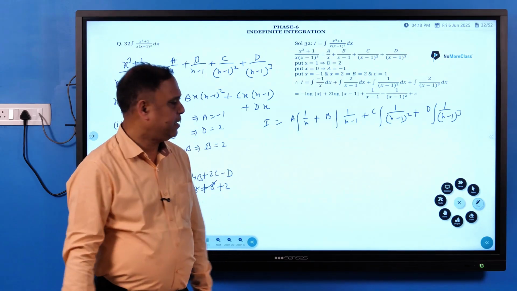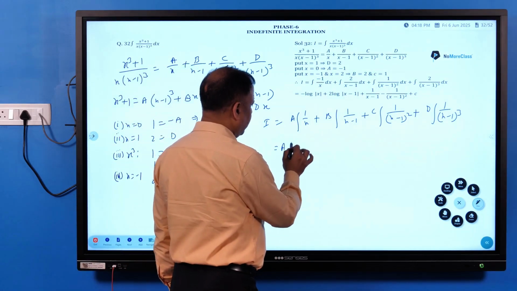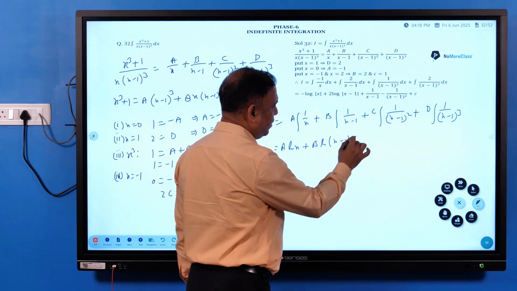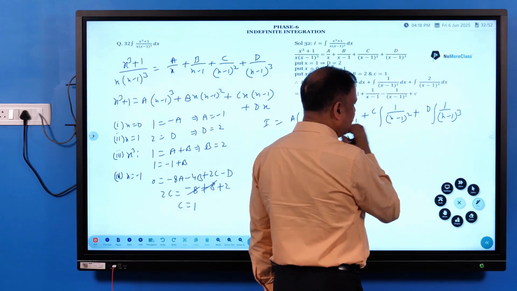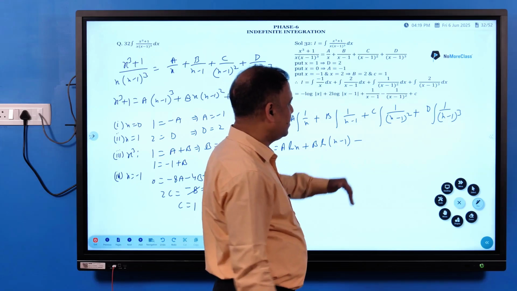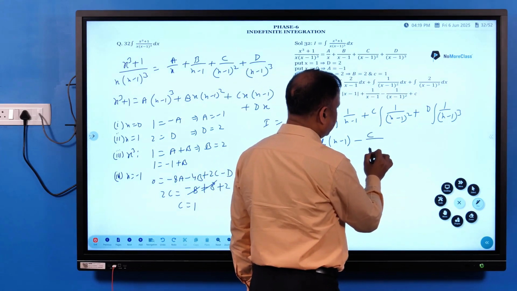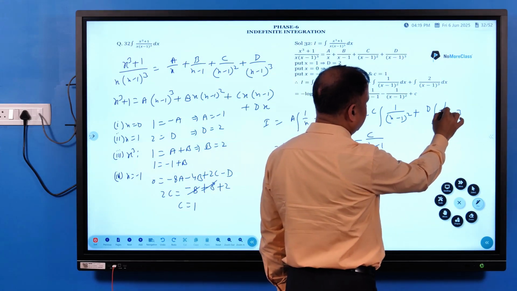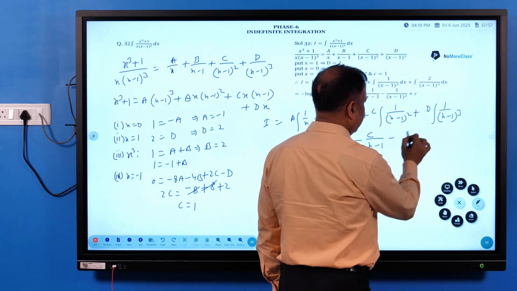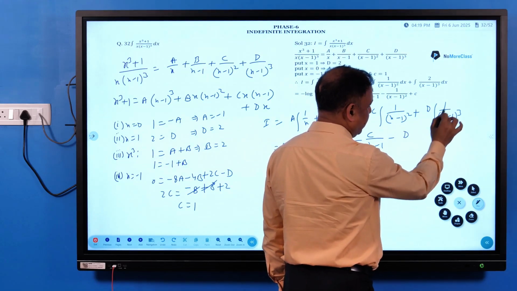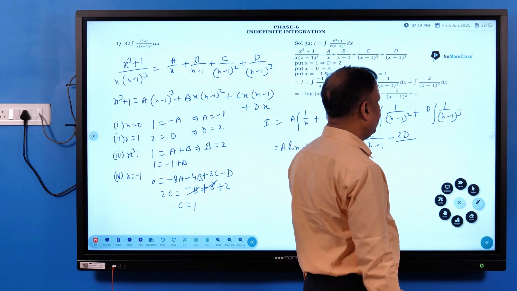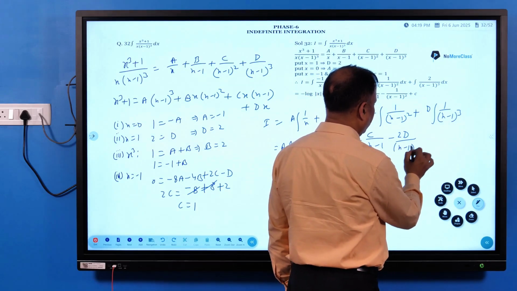You can easily integrate. For example, this is a log x plus b log of (x minus 1) minus c upon x minus 1, using x raised to power n plus 1 upon n plus 1, minus d upon 2 (x minus 1) whole square.